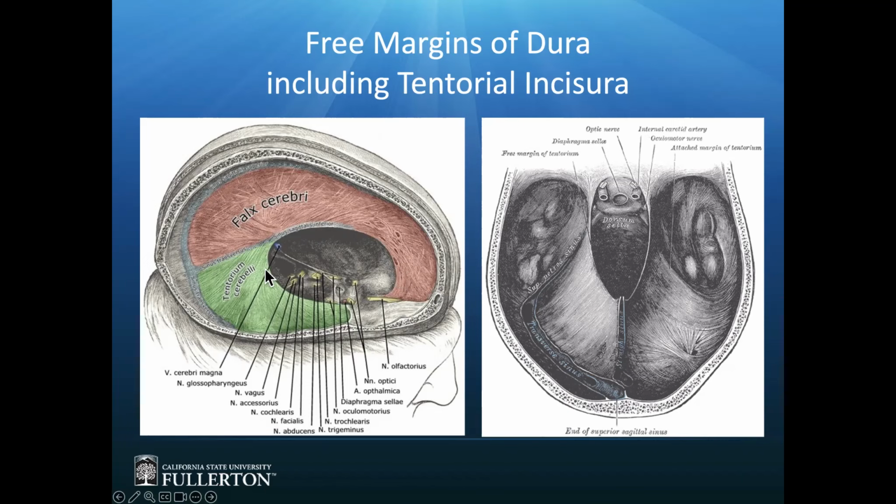Then there is another very similar type of structure. It's made out of dura that is supportive in the back part of the cranium. It's called the tentorium cerebelli, and it is between the posterior part of the cerebrum, which would be more or less the occipital lobes, and the cerebellum.